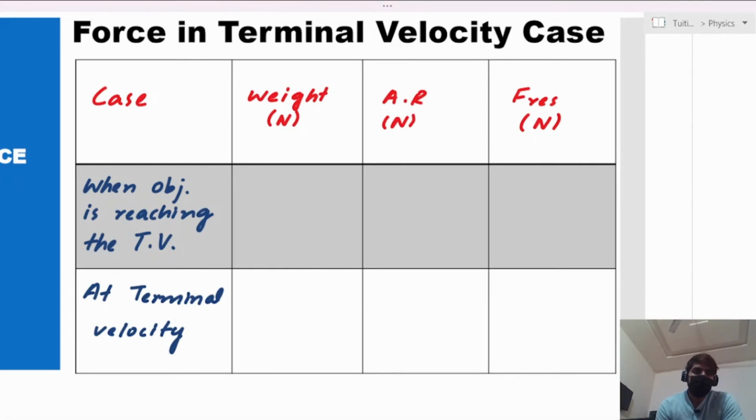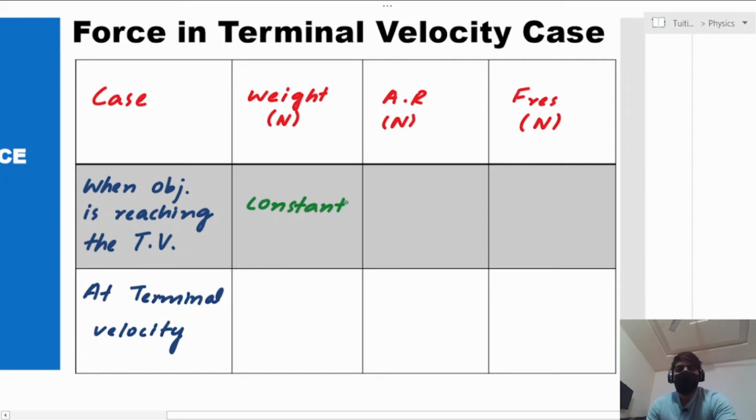All right, so when the object has not reached the terminal velocity and it is approaching the terminal velocity, in that case, the weight of the system or the weight of the object is just constant. If it were 5 Newton, it would remain 5 Newton.